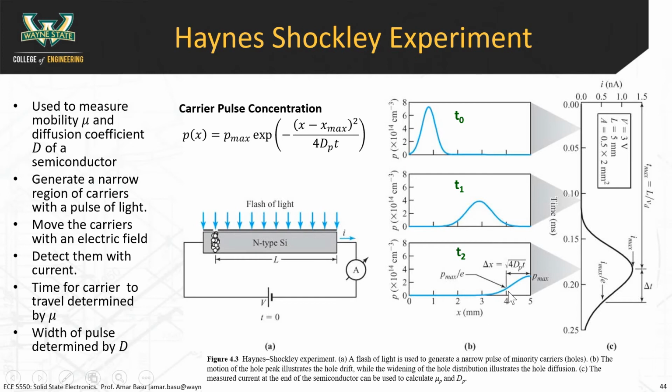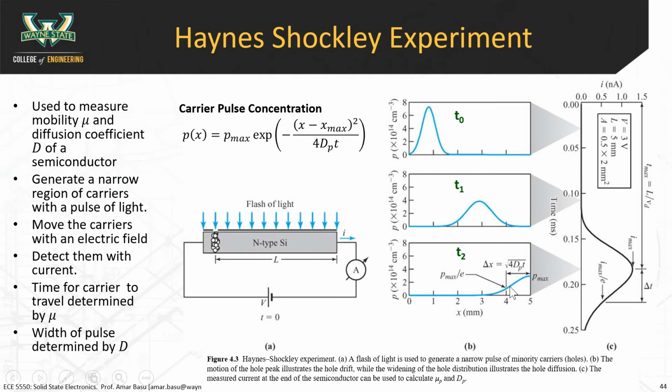And the width of the pulse gets wider and wider over time. So when you read out this current pulse in your ammeter, it's going to have a certain width associated with it. It's going to be wide like this.